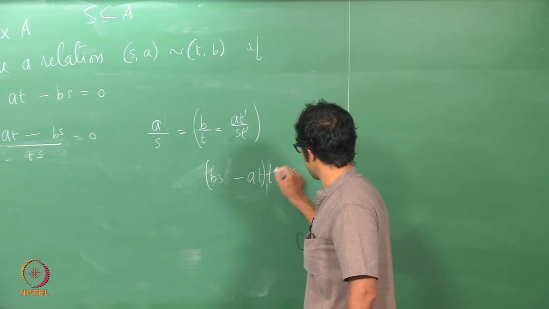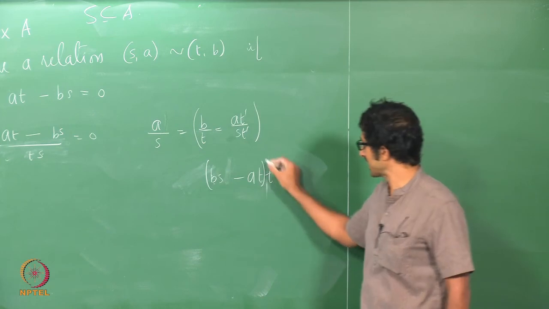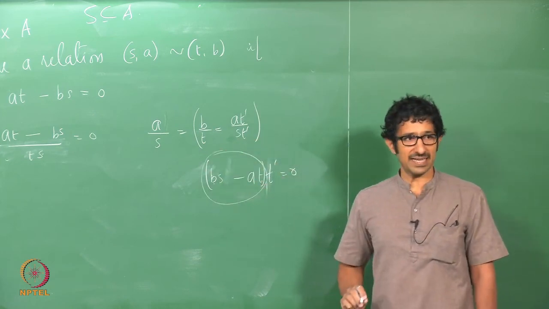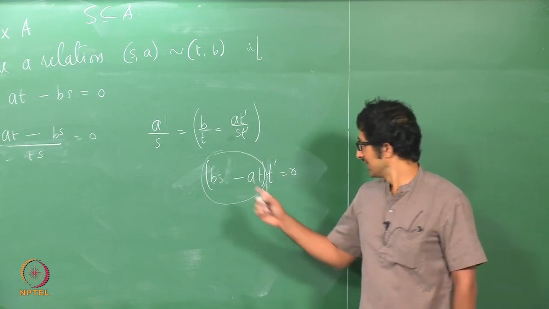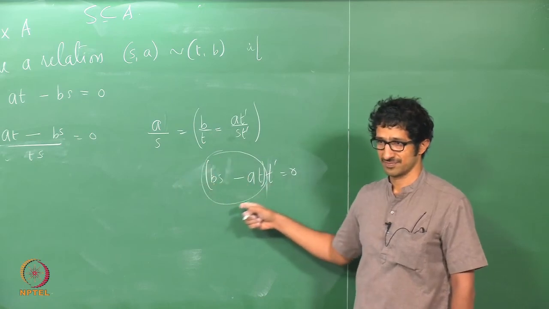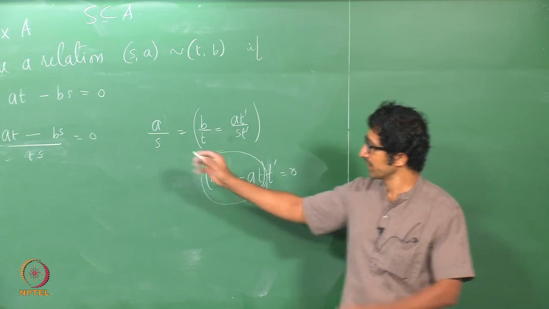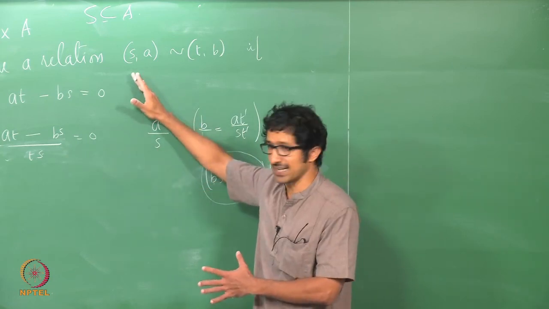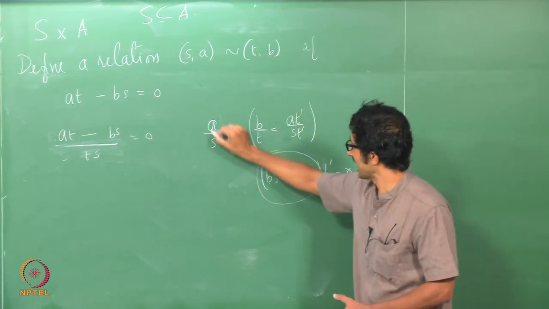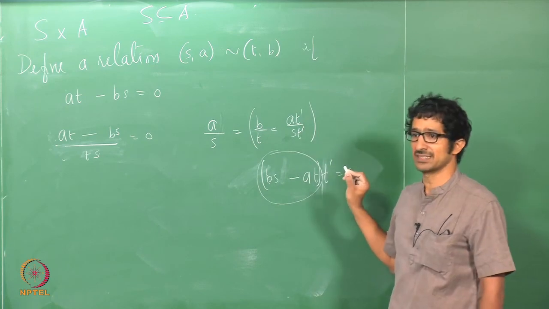So in the case of Z, once you reach here, this will automatically imply this is 0, but in the case of general rings, this does not imply that this is 0 if it is not an integral domain, right. So when we are making this relation, this is probably not enough if we want to say A by S is same as B by T same as AT prime by ST prime.